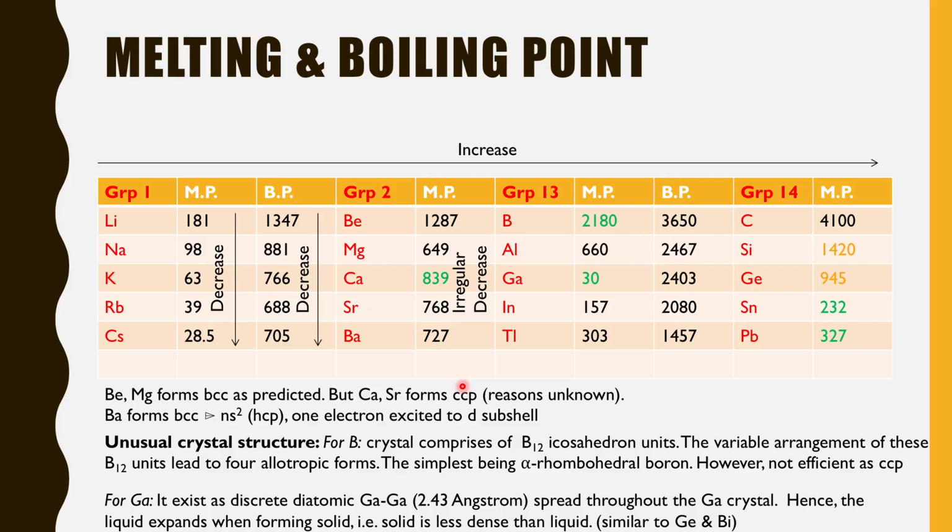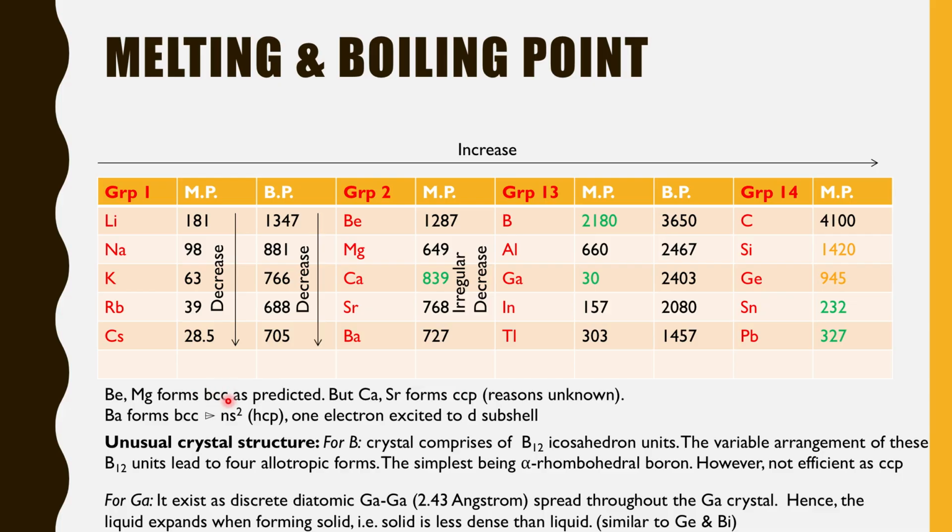Because if you compare the arrangement of atoms in the HCP and CCP, the CCP close packing is more compact. So there you will see more cohesive energy because of the compact close packing that you see in CCP kind of crystal arrangements.